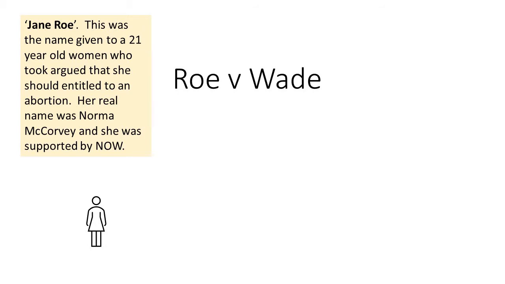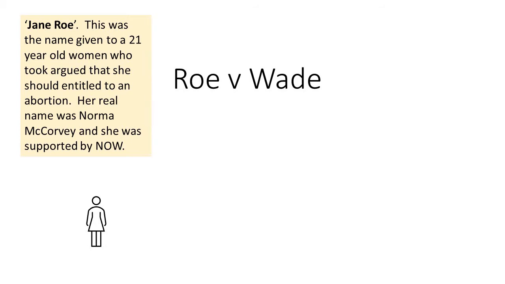So it's worth us understanding who Roe and who Wade actually are. Roe was a name given to an anonymous woman. She was entitled to remain anonymous throughout this, so she was given the name Jane Roe. She was a 21-year-old woman who argued that she was entitled to abortion.